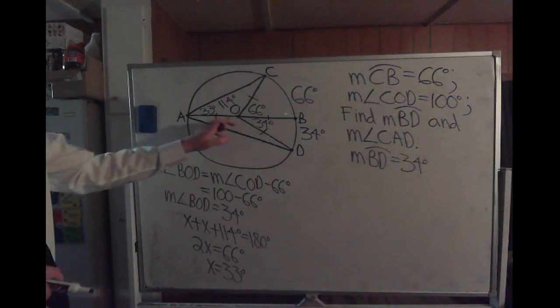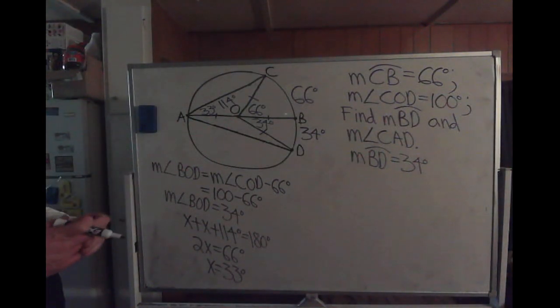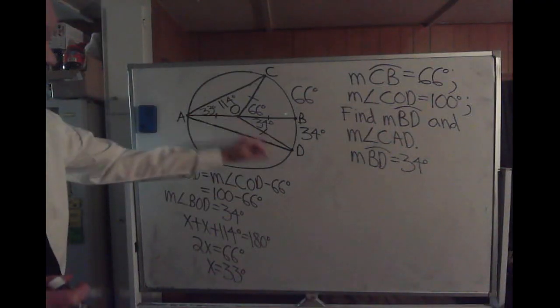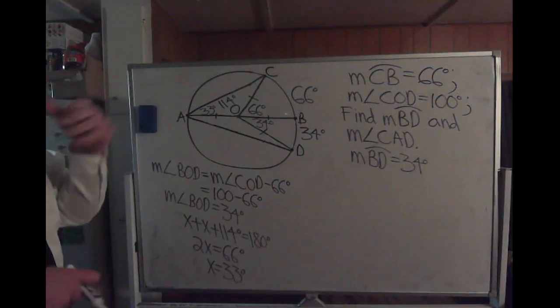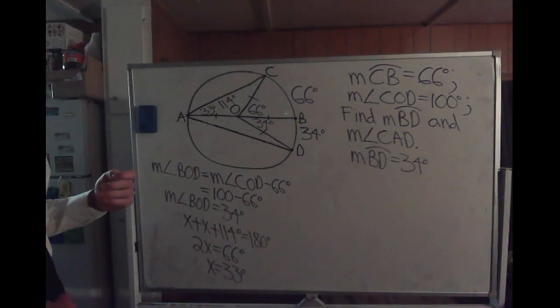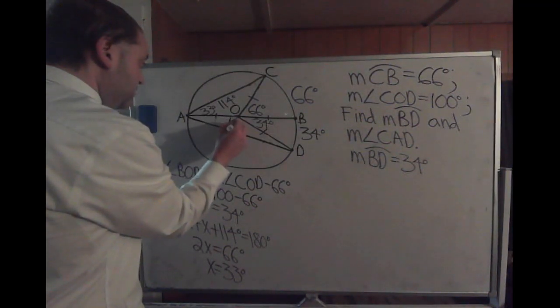Now we need to look down here to find the second half of angle CAD, which would be angle OAD. Well, again, angles AOD and BOD are also supplementary angles, right? So you're just going to take 180 minus 34, which would give you 146 for that angle.